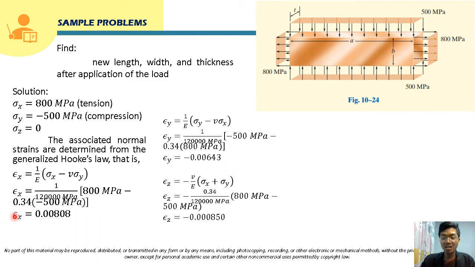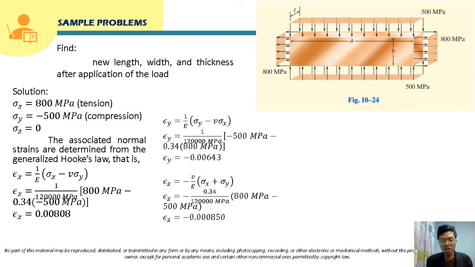For the y direction, this side is the width B. Since the strain in the y direction is negative, this width B will contract. For the z direction, the value is negative, meaning this thickness will also decrease. It will contract.